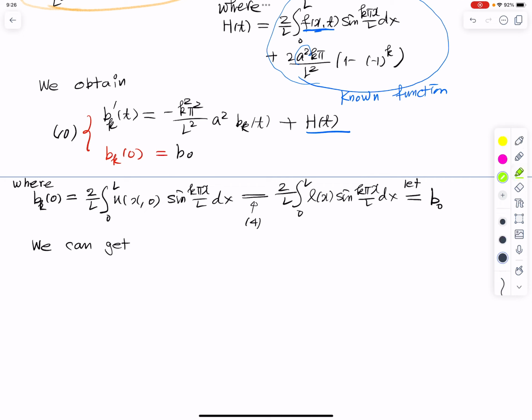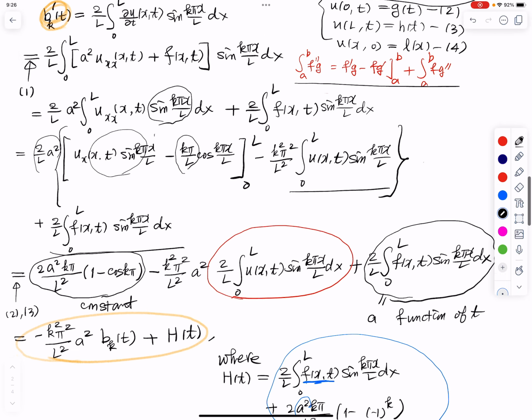We can solve equation 10 to get bk(t). That's step 2. And then step 3, just combine together.